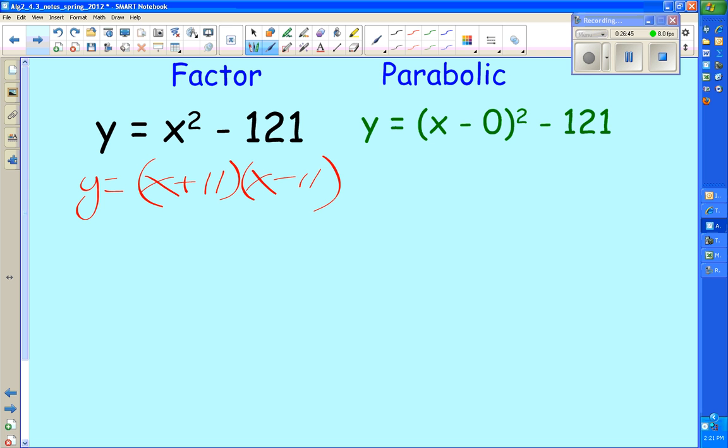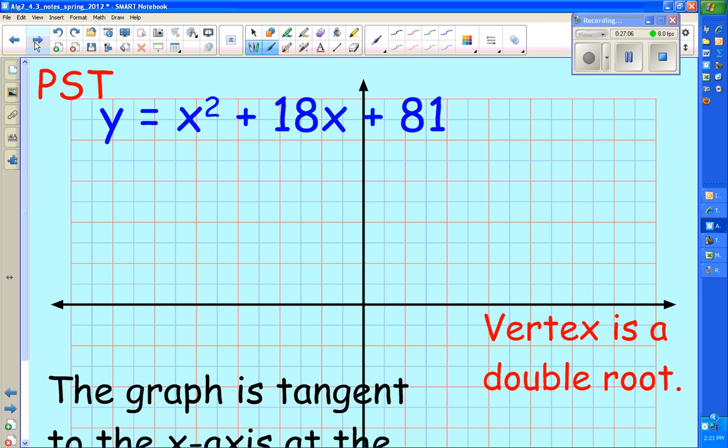I don't care, honestly. But I don't want to confuse people by putting plus and then having them say, well, you said it was supposed to be minus h. Whatever, it's 0. So instantly you know the vertex, instantly you know the x-intercepts or the roots or the zeros. This is a PST.